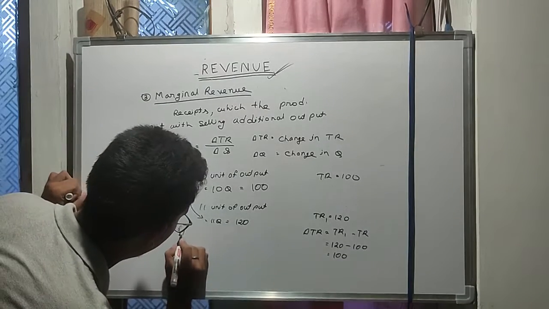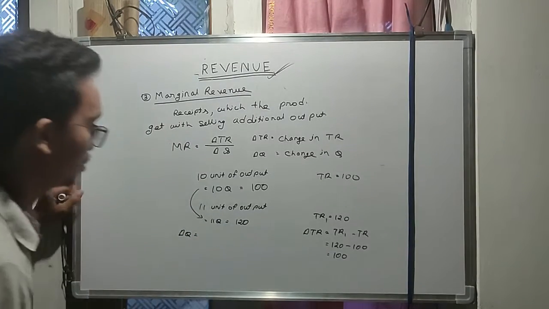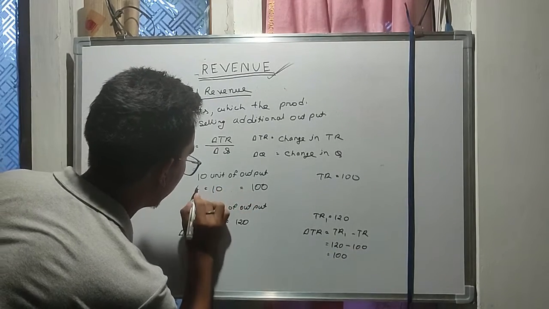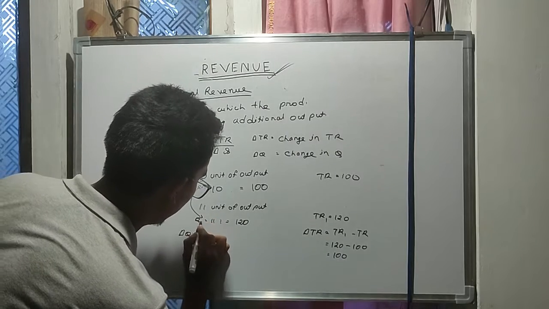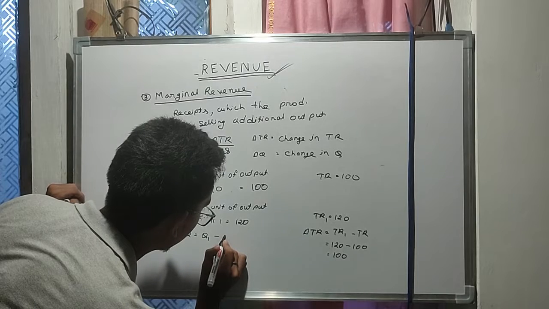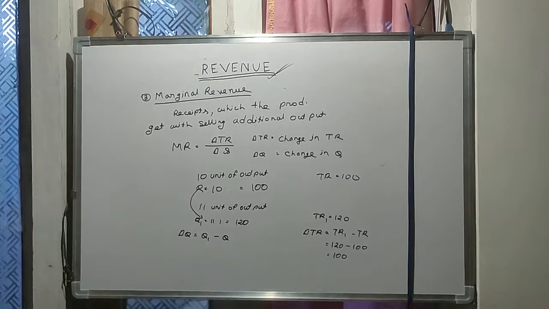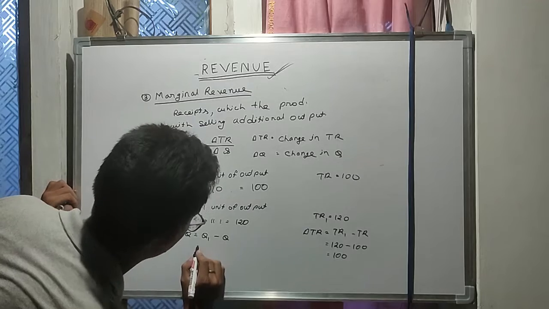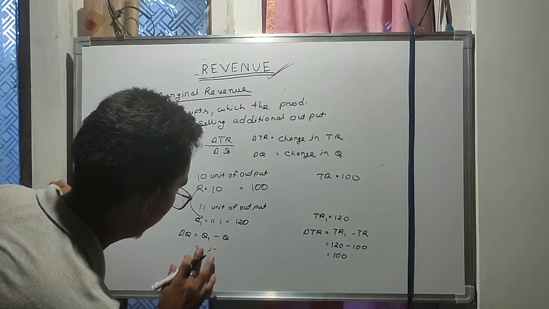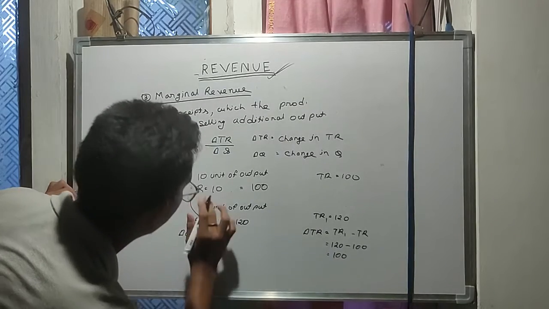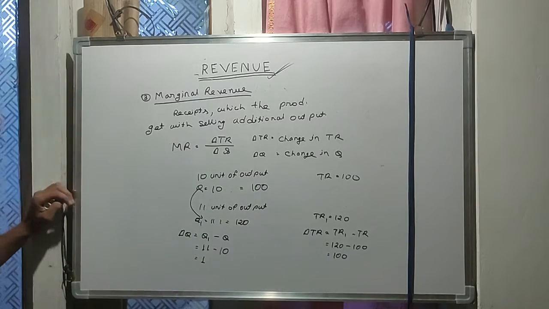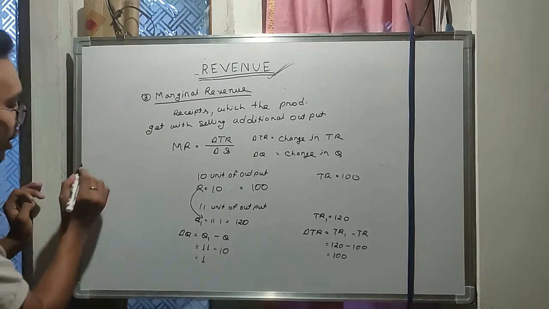So del Q equal to Q1 minus Q0. Q1 is 11 and Q is 10. So del Q is 1.